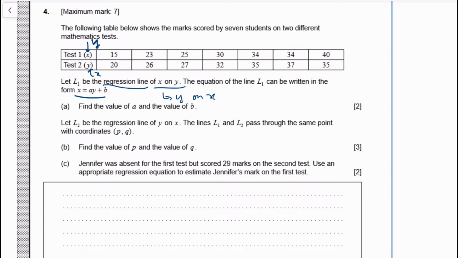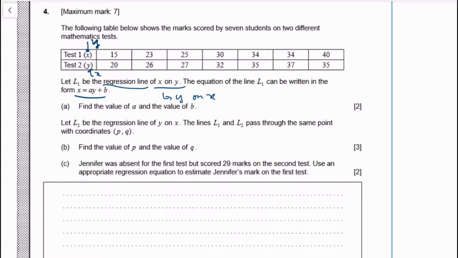Okay, so you type in your data. It should be in columns. So x is one column, y is one column. And then for mine, I go to stat calculation, regression line. My calculator prompts me to enter which column is x and which column is y.